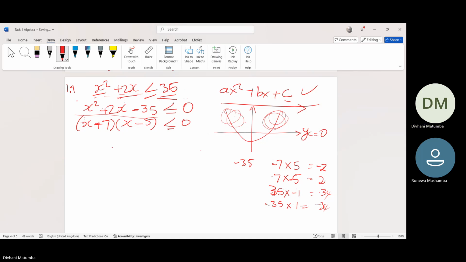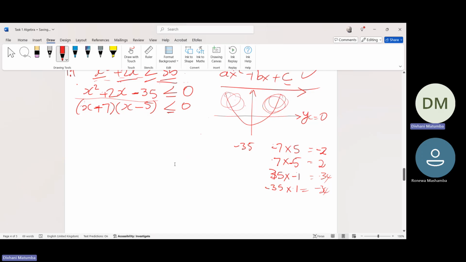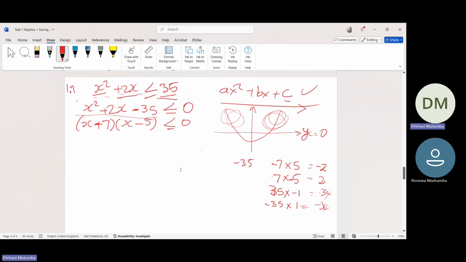Okay. Now this is what we have, and what they are saying is go and find the values whereby your graph is less than 0.